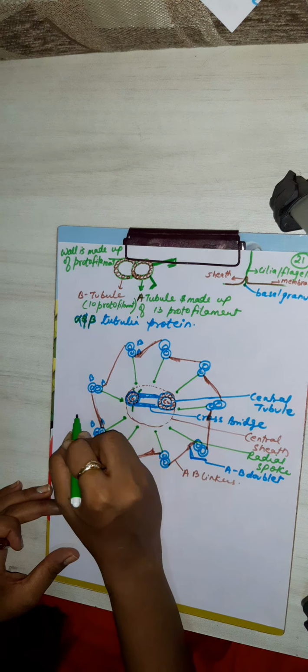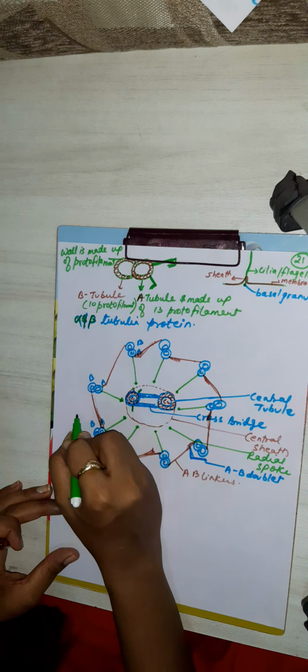Now we will write the proteins. C1 and C2 are made up of dynein protein. The AB linker is made up of nexin protein.